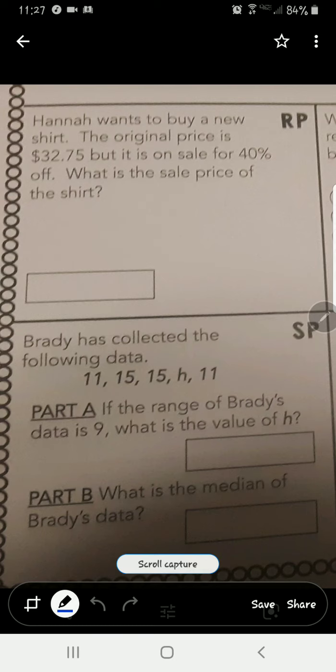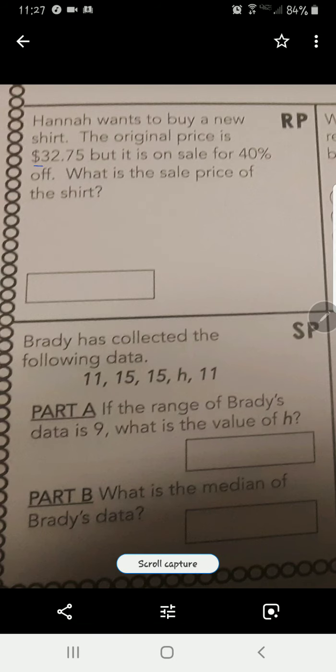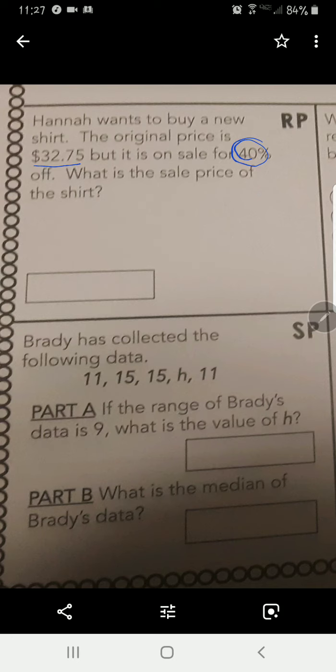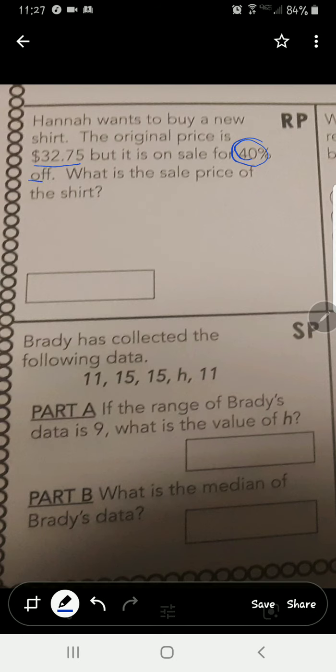Hannah wants to buy a new shirt. The original price is $32.75, but it's on sale for 40% off. What is the sale price of the shirt?